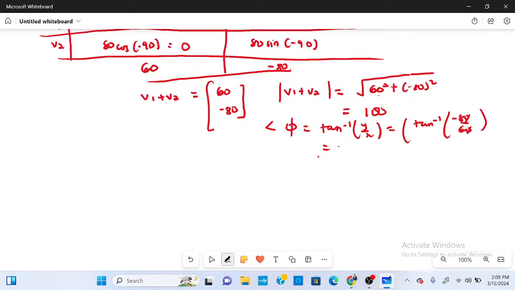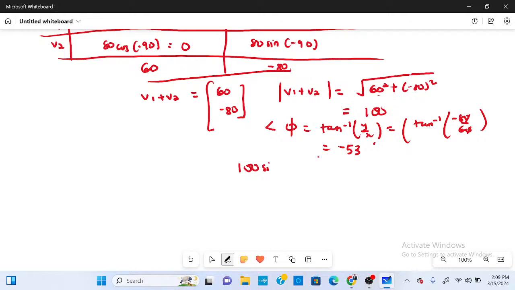Because we need the phase difference between them, we can either redraw the circuits or we can find the angle before we confirm. So what's the angle here? The angle is negative 53, right? The angle is negative 53 degrees.